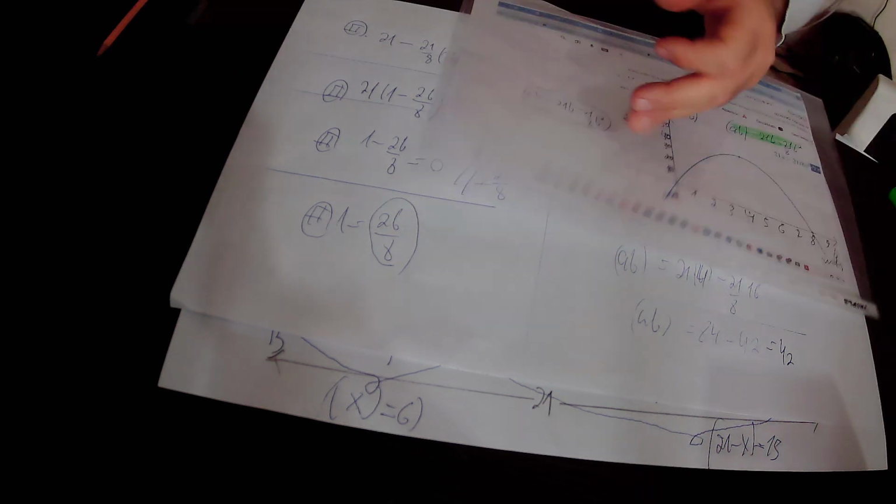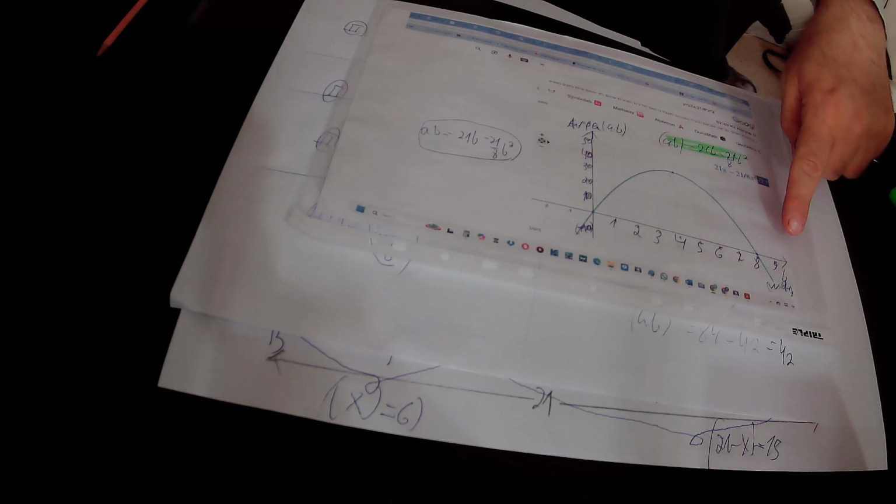So actually, this is the function area of rectangle PQST. The y-axis is the area. In the x-axis we have the width b.